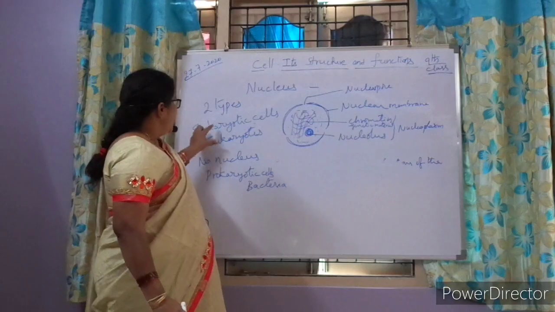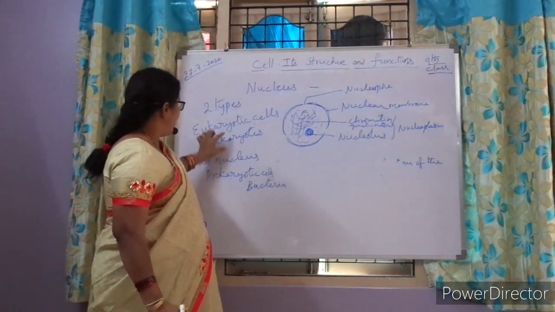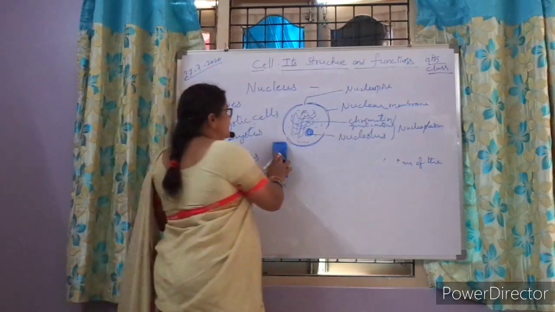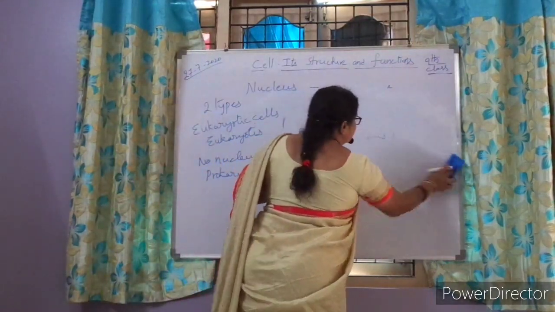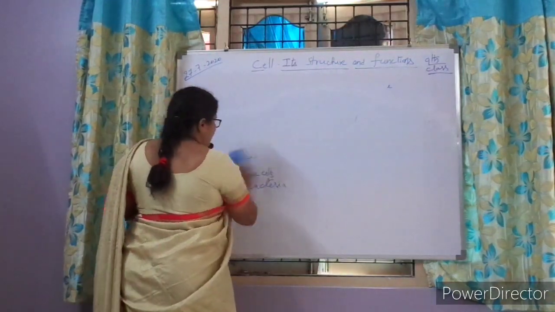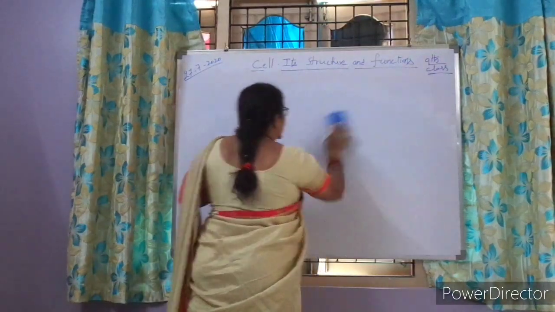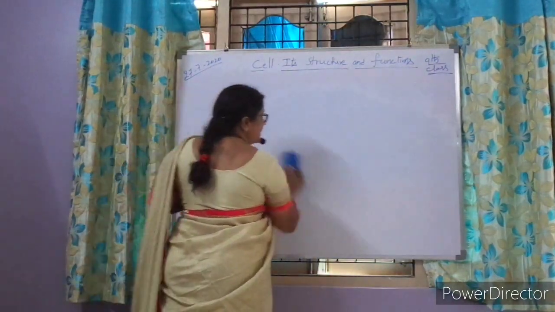Next, coming to the differences between prokaryotic organisms and eukaryotic organisms. The nucleus was studied by Robert Brown. Have you noted? In 1831.